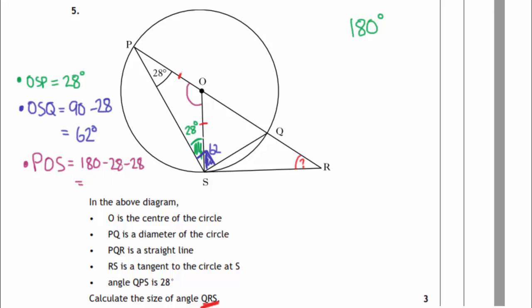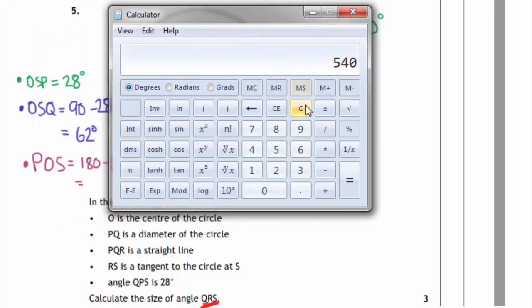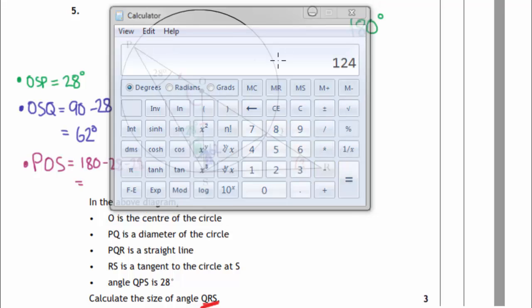I'll just get the calculator out here. That is 180 minus 28 minus 28, and that's 124 degrees.